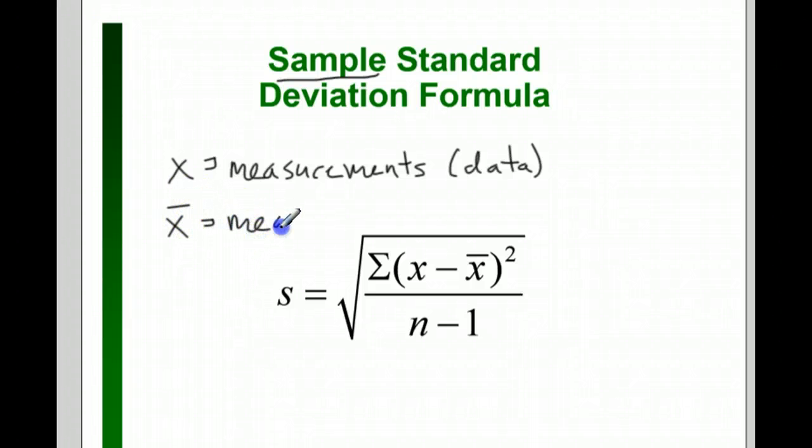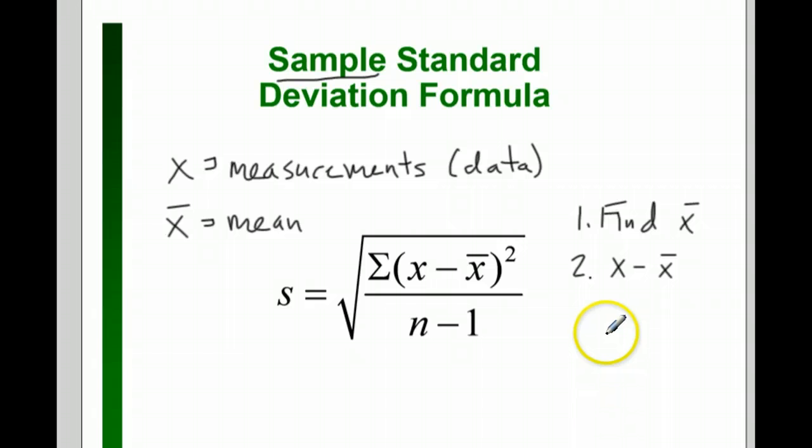And then if you look, that's in a parentheses, so order of operations dictates how we do this. We find the mean first, and then we subtract that from the data set. You subtract the mean from the data points for every single data point.